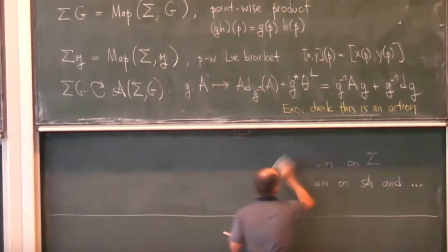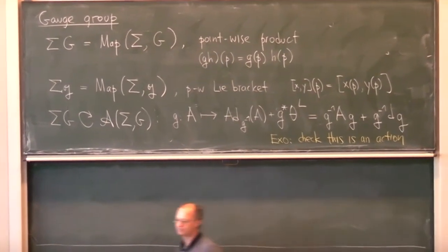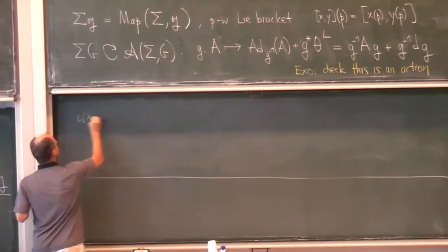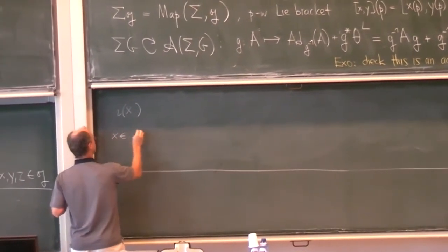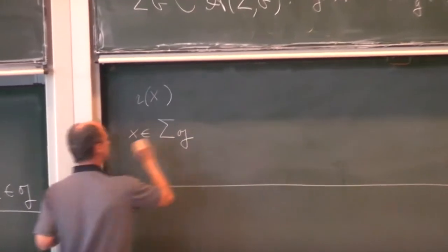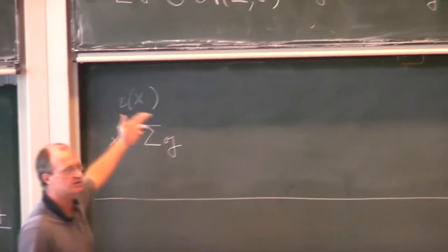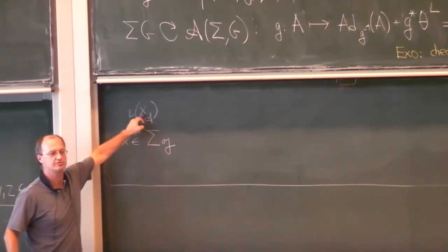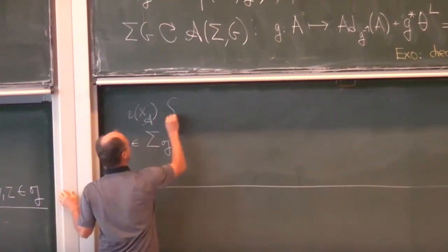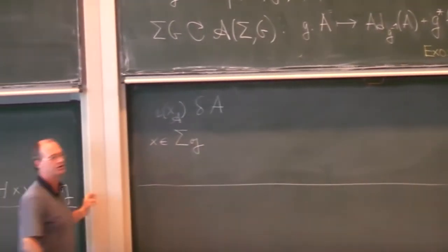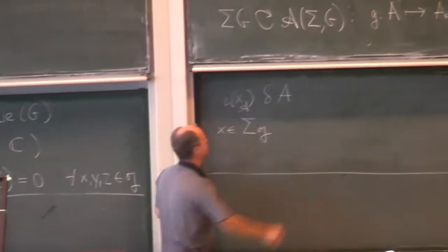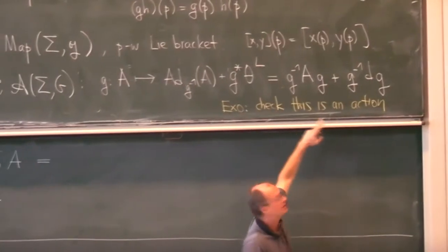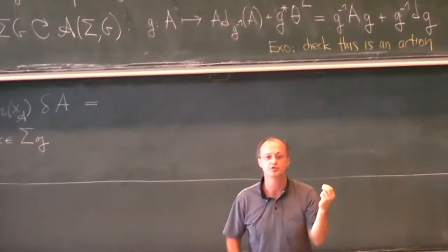Now, perhaps it's useful to write down a formula at the Lie algebra level. So we take x, an element of sigma g, and we apply the corresponding vector field, which according to our notations we should denote by x_A, to the differential delta A. This formula is basically derived from the previous formula by differentiation with respect to g at the group unit.